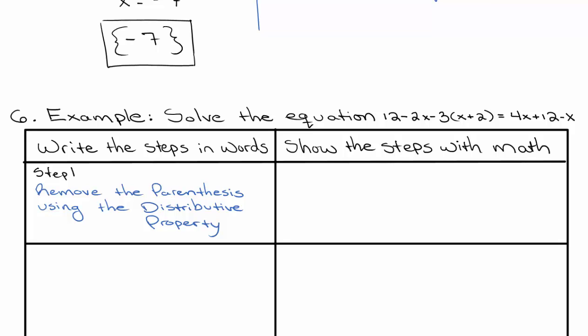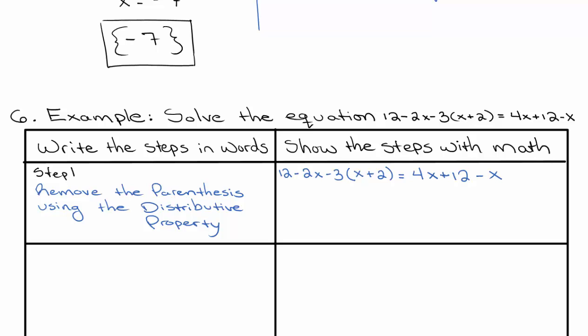Okay, so let's go ahead and write our equation over here. Our equation was 12 minus 2x minus 3 times the quantity x plus 2 equals 4x plus 12 minus x.